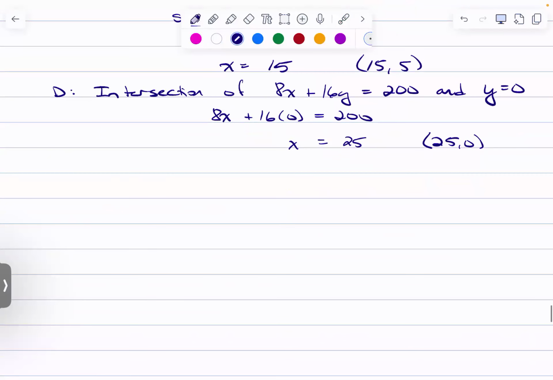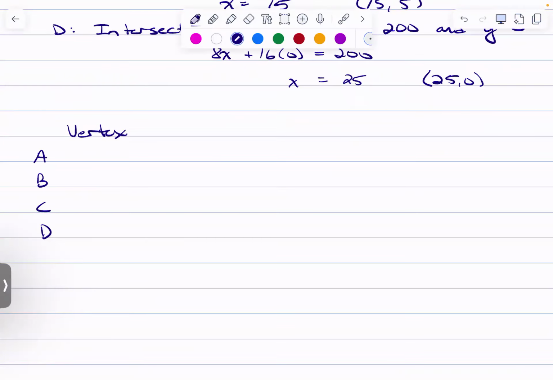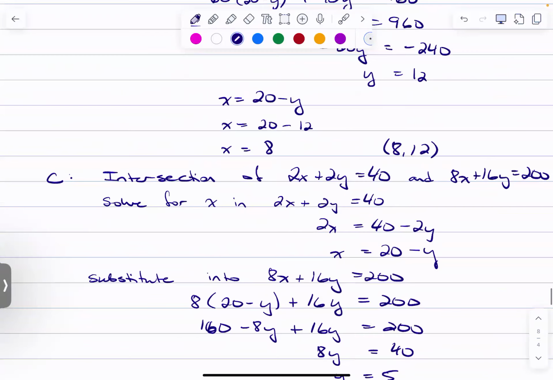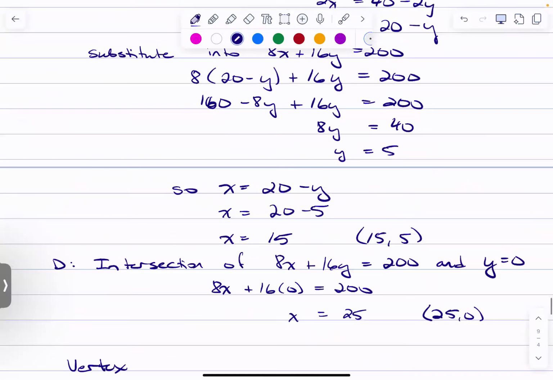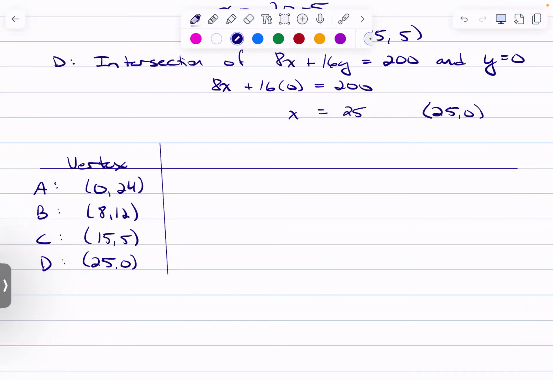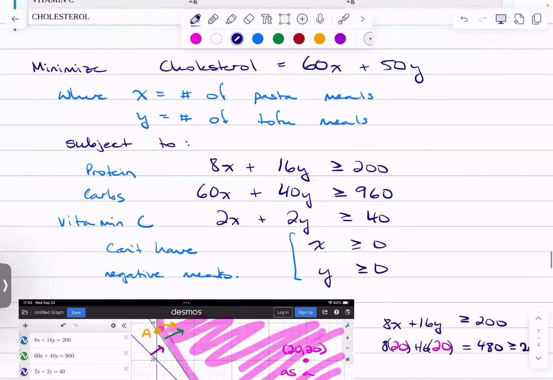Now, we can set up our table with our vertices A, B, C, D. From above, I see 25, 0, 15, 5, 8, 12, and 0, 24. Now, we bring in our objective function, which we've ignored.